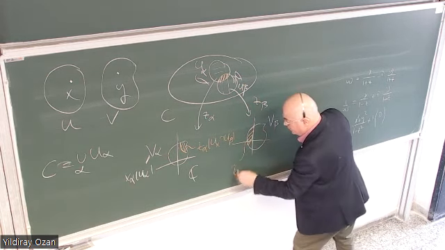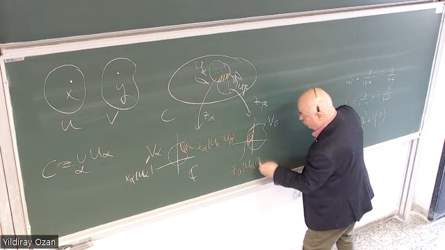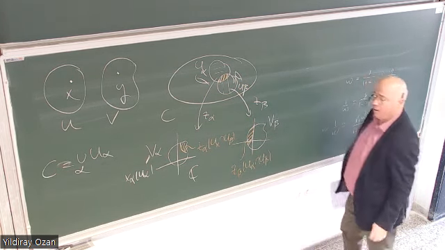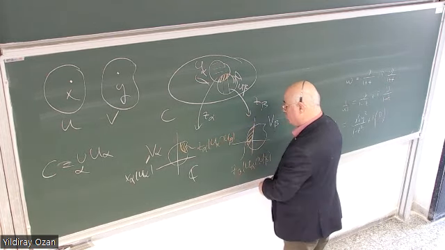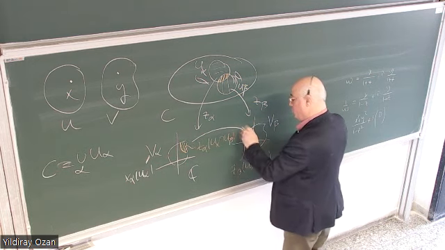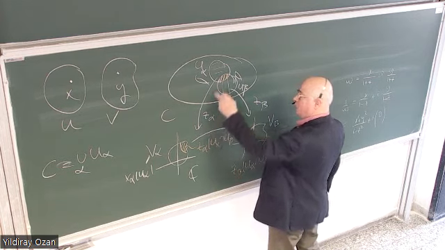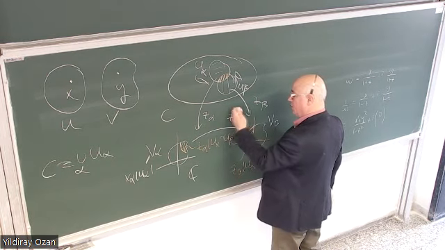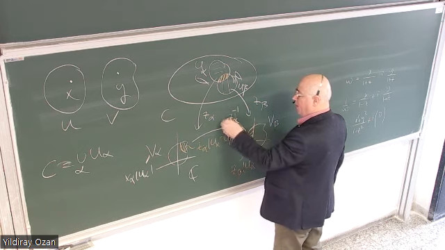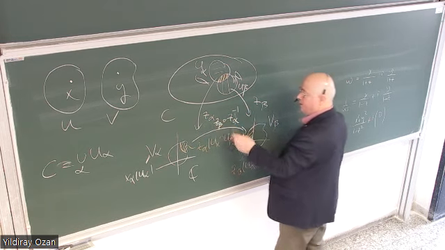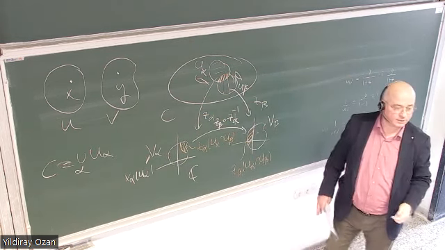And this is Z beta intersection of U alpha, U beta. And here you have the following function, of course. Which function? You go from this set into this set. How? You first go with the inverse of this map, and then you compose it with Z beta. You go up and then you come down with another coordinate system.